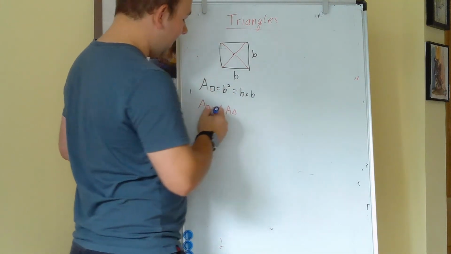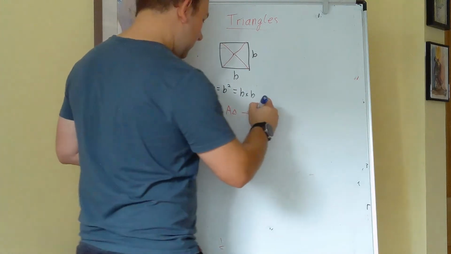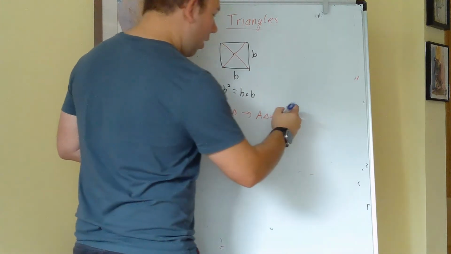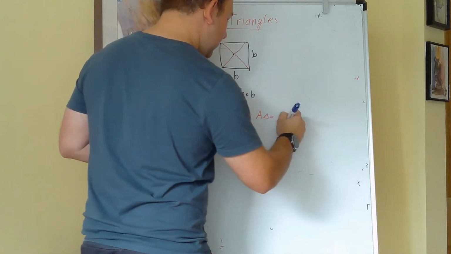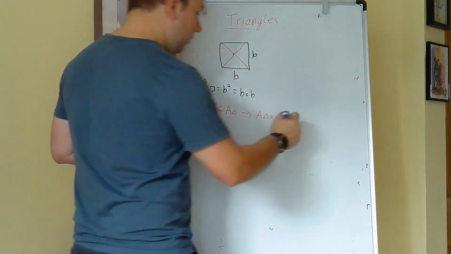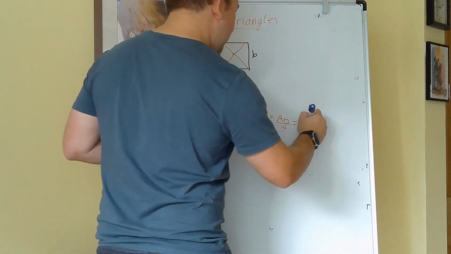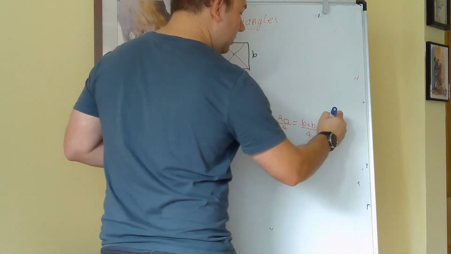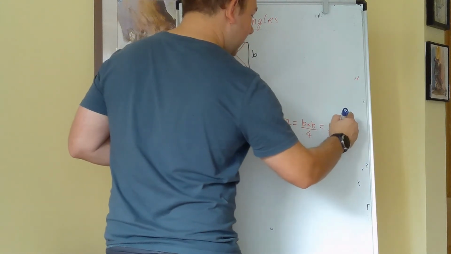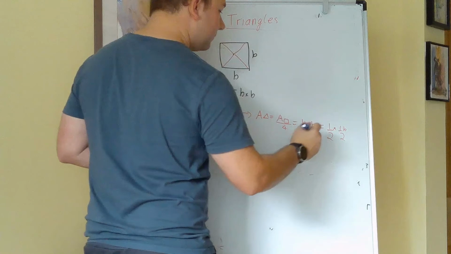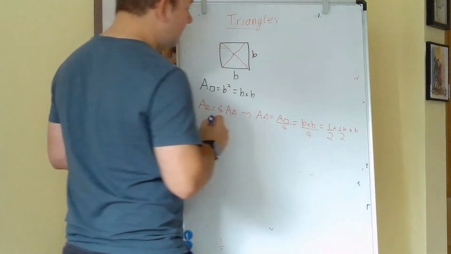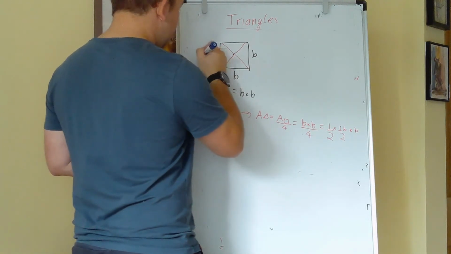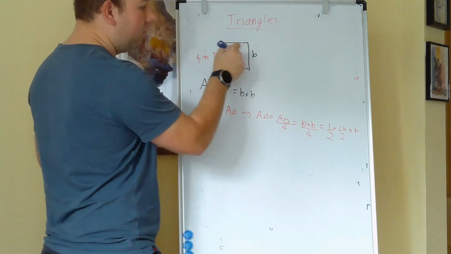So we can now say that the area of the triangle is equal to the area of the square divided by 4, which is equal to B times B all over 4, which is equal to a half multiplied by a half of B multiplied by B. And if we look at this height here, it is equal to half B, because this point is halfway along the height.